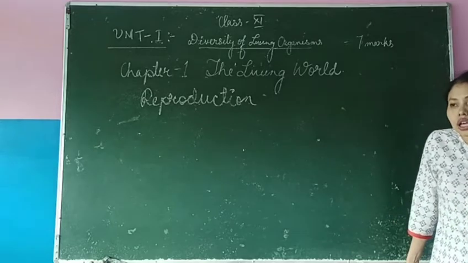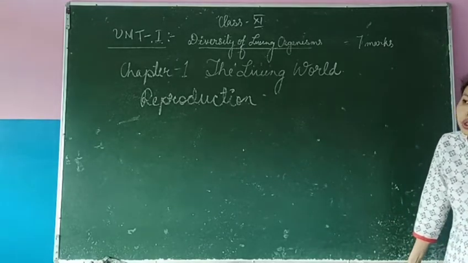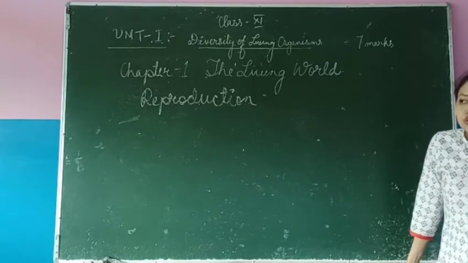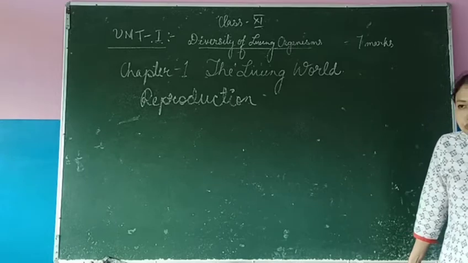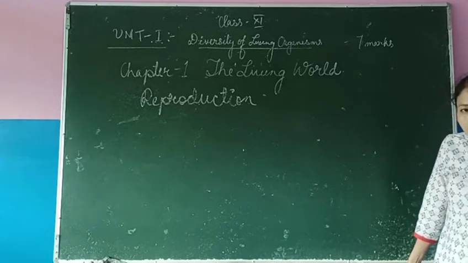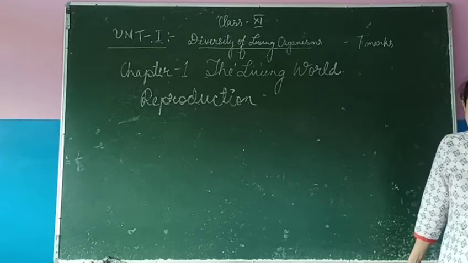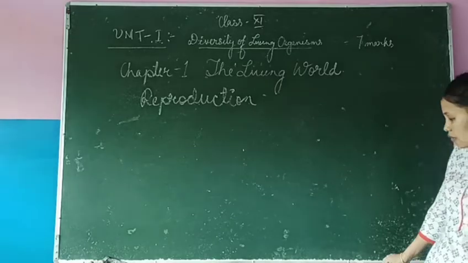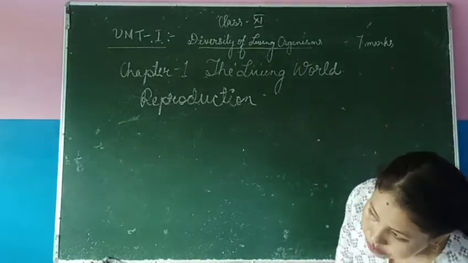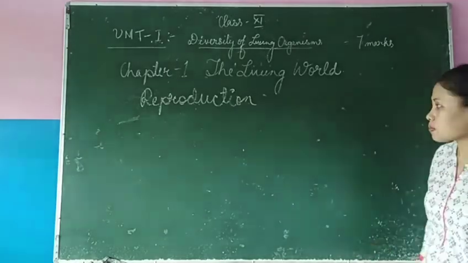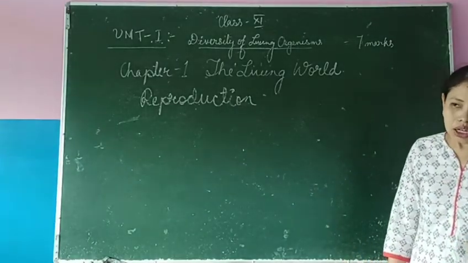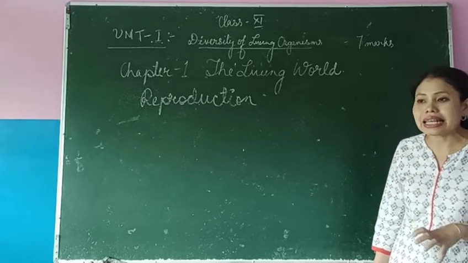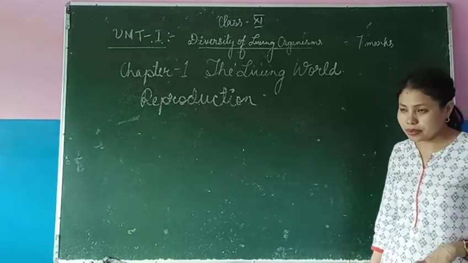So reproduction is the process by which an organism produces new offspring. New offspring are produced by already existing organisms. This reproduction is one of the basic characteristics of life, and it is seen only in living organisms.